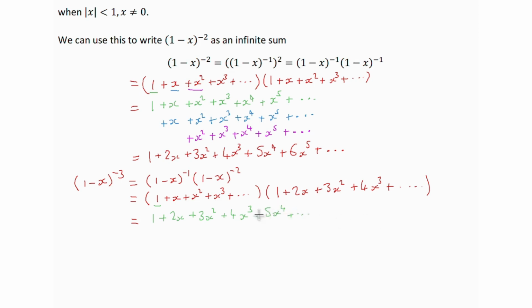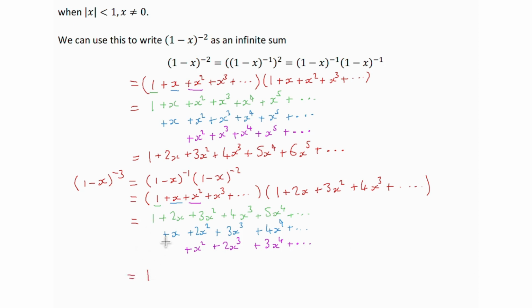Now when we multiply the x, we're going to get x times 1, so we're going to get plus x. x times 2x is plus 2x squared, plus 3x cubed, plus 4x to the 4. And then the x squared times 1 is going to give us plus x squared. x squared times 2x is going to give us plus 2x cubed. x squared times 3x squared is going to give us 3x to the 4, and so on and so on.